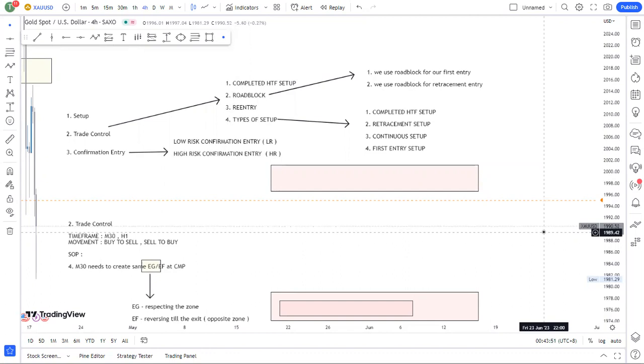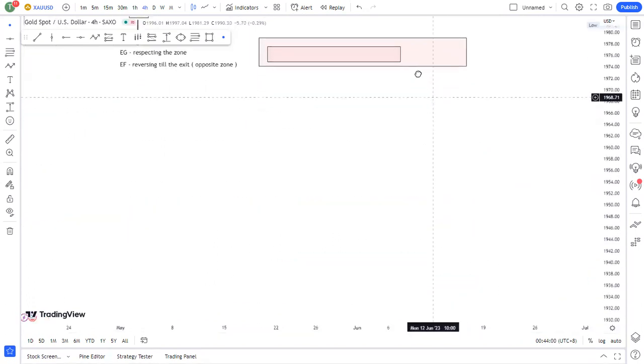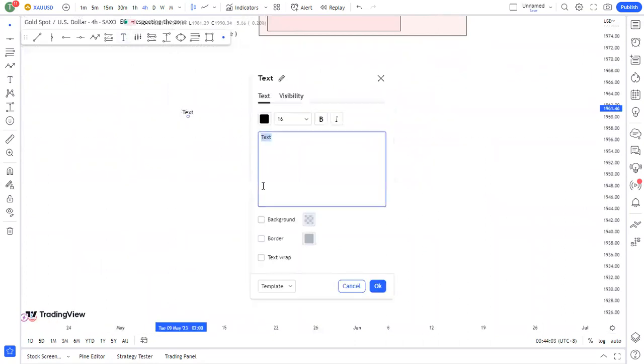We have a few ways to use the confirmation entry, for low risk or for high risk. So we are going to talk a little bit about the pros and cons of low risk and the pros and cons of high risk. Let's go to the low risk confirmation entry first. Low risk CE. Which time frame are we going to look at for low risk? The first one is M15 EG, or we are going to look at the M5 EF.